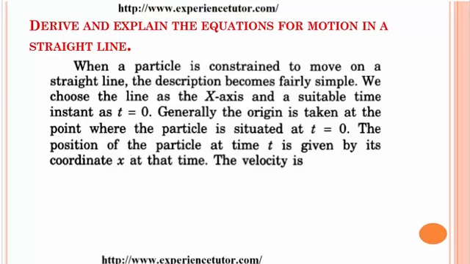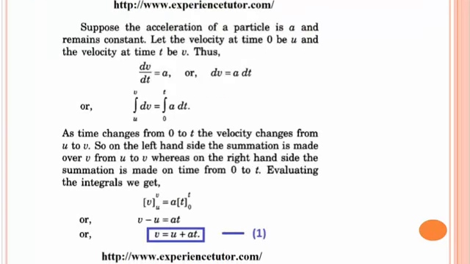The velocity can be found by the below derivation. Suppose the acceleration of a particle is a and remains constant. Let the velocity at time 0 be u and velocity at time t be v.